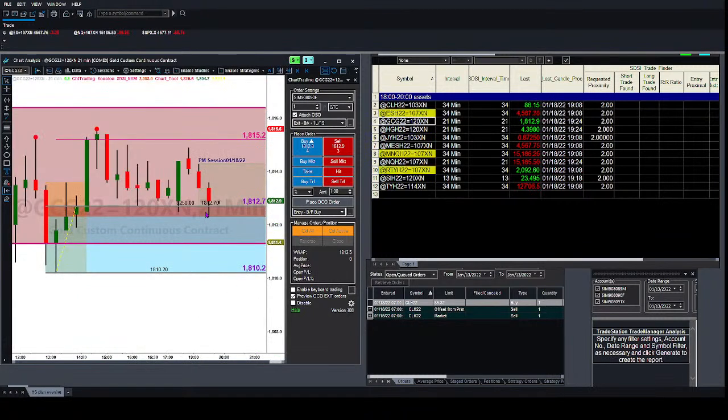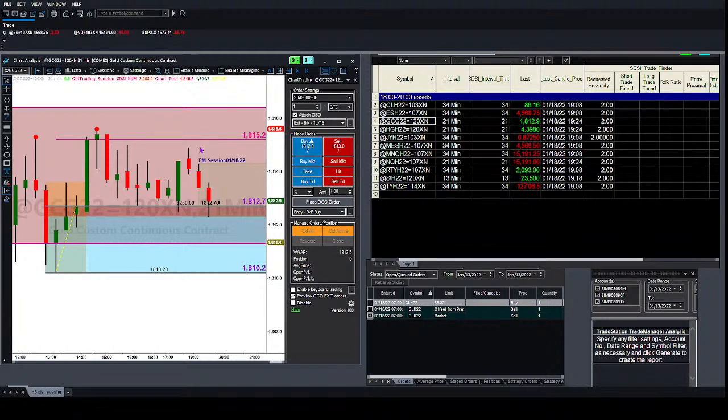Okay. Here's an example of where I did not. Oh, it hit before the session. Good. I don't know if you guys are using the session tool, but I have it turned on to help highlight. The way the session tool works is it starts shading at the first candle in the session.